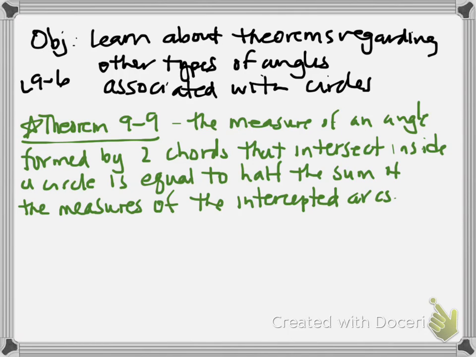So the measure of an angle formed by two chords that intersect inside a circle is equal to half the sum of the measures of the intercepted arcs.